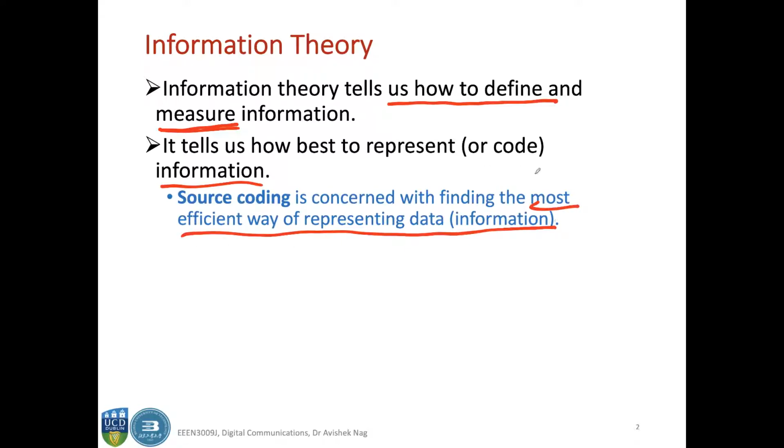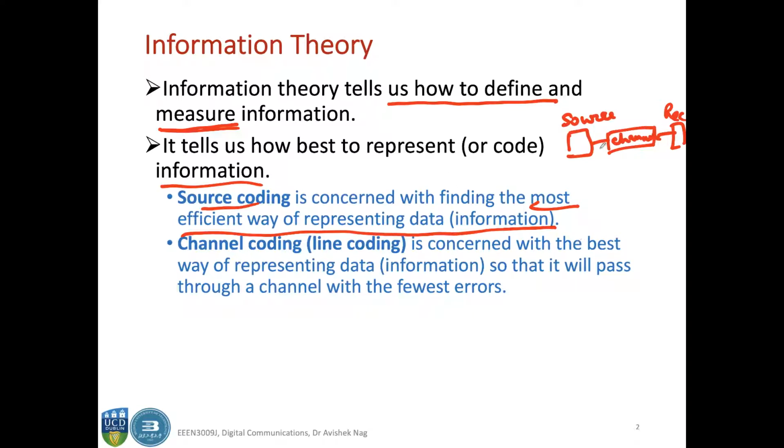If you remember the different blocks of your communication system, there was a source, then a channel, and then a receiver. Right at the source you are doing source coding to find the most efficient way of representing the data that you are transmitting.